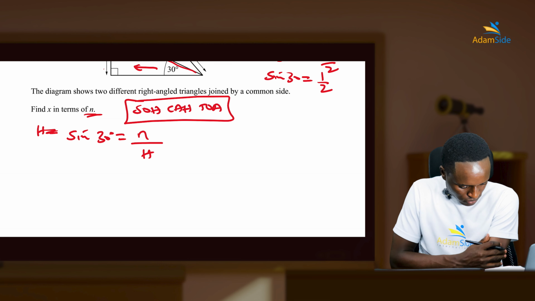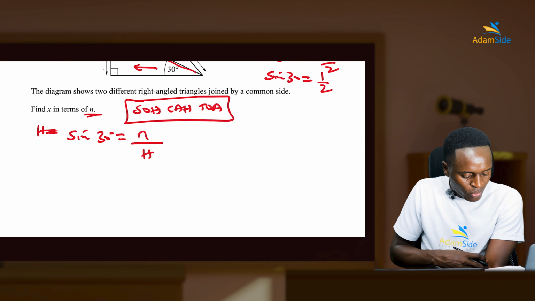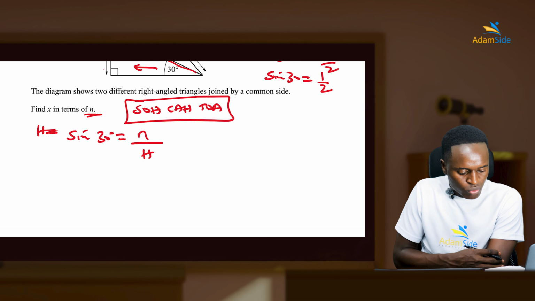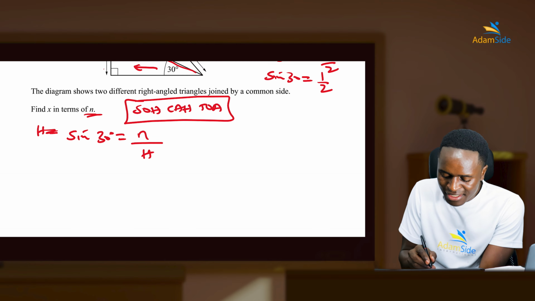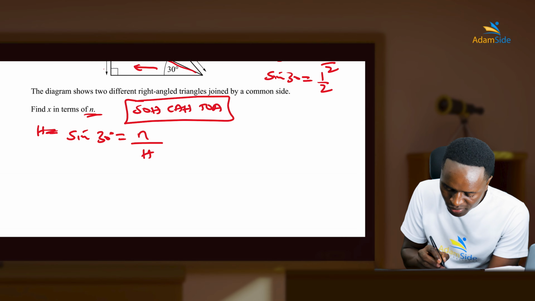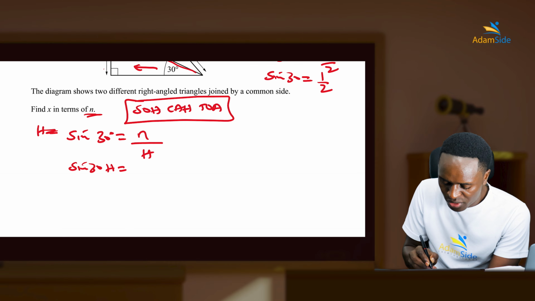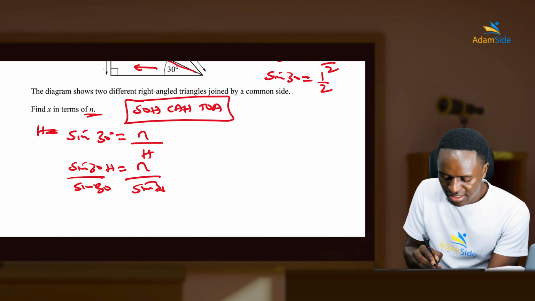Now, for us to get this h, sine 30 times the hypotenuse is equal to n. So divide by sine 30 on both sides.